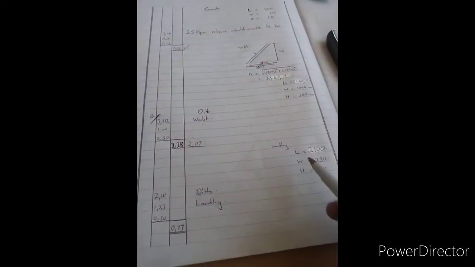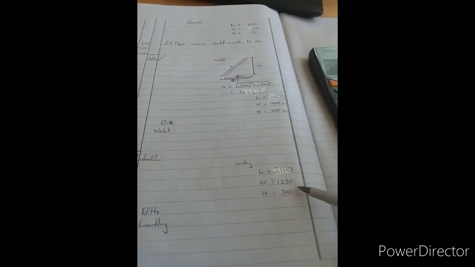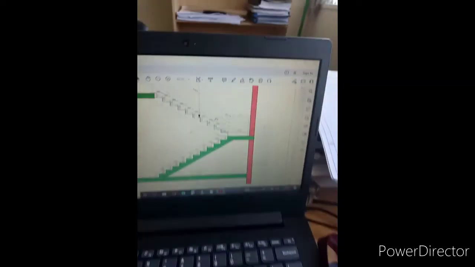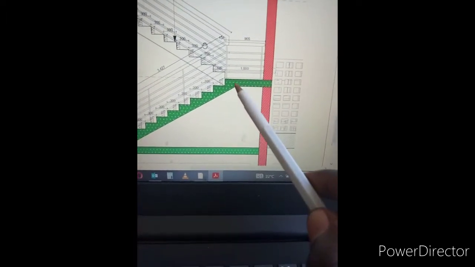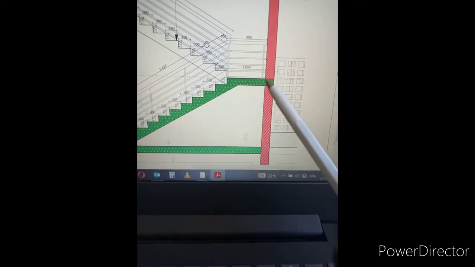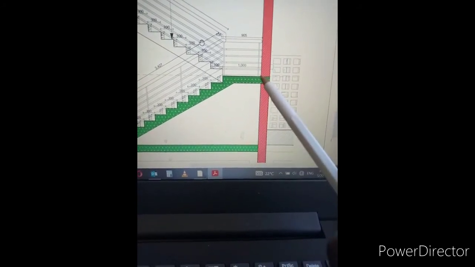And then we move on to the landing. Our landing is basically a rectangular prism, so it's length times width times height. This is our length, which is 2100, and our width 1230, and our height, which is 300, or thickness. If we look at our landing here, the length from this point to this point is 1000.